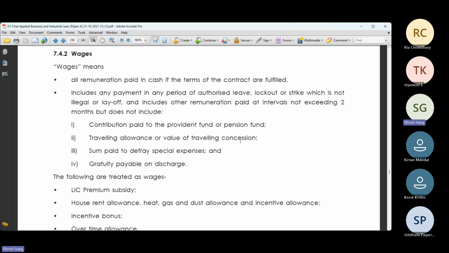But wages will not include contribution paid to the provident fund or pension fund, traveling allowance or value of traveling concession, sums paid to defray special expenses, and gratuity.